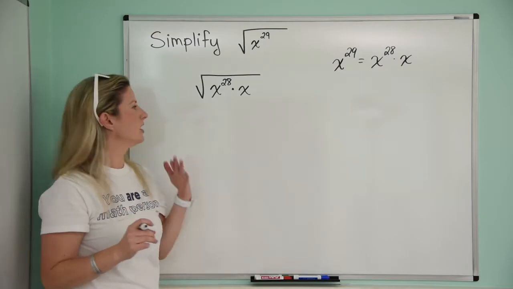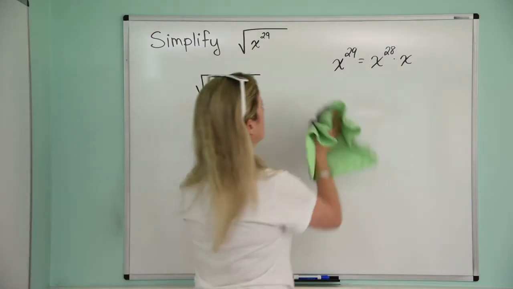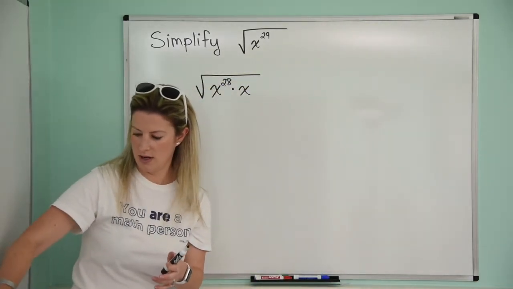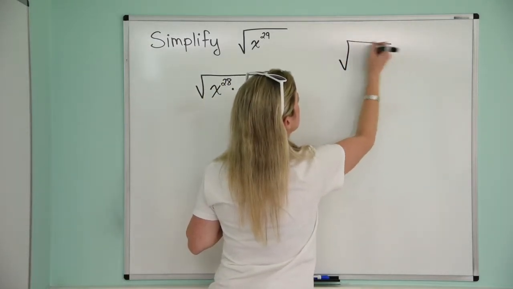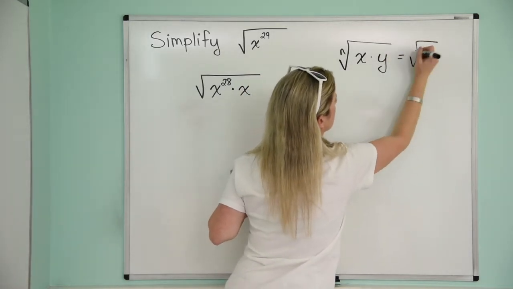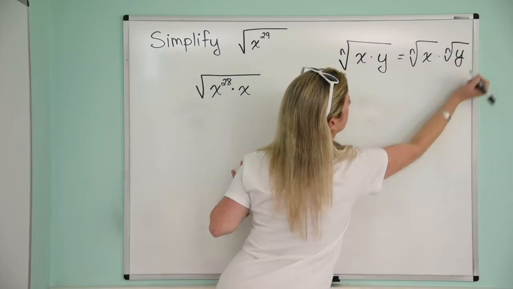Now, I'm going to use another property, which, you may remember, is the product property: the nth root of x times y equals the nth root of x times the nth root of y, okay?